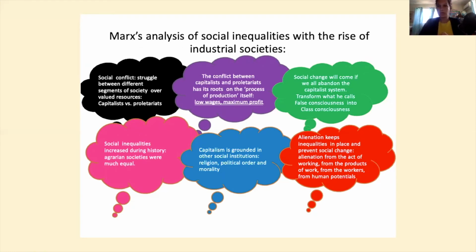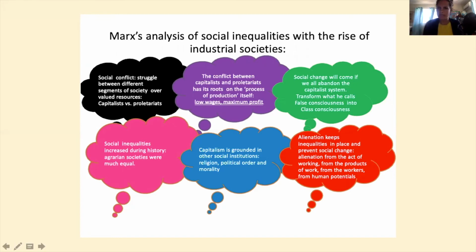His analysis was what we call a historical materialist analysis of society. And he saw that agrarian societies were more equal than societies after the Industrial Revolution.